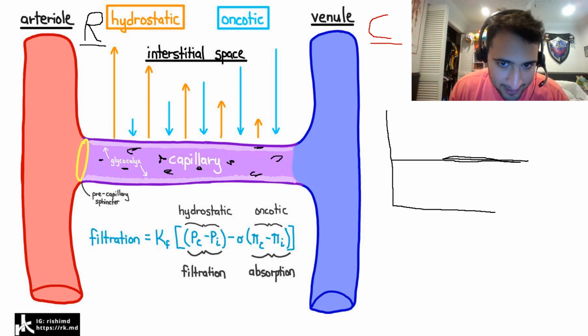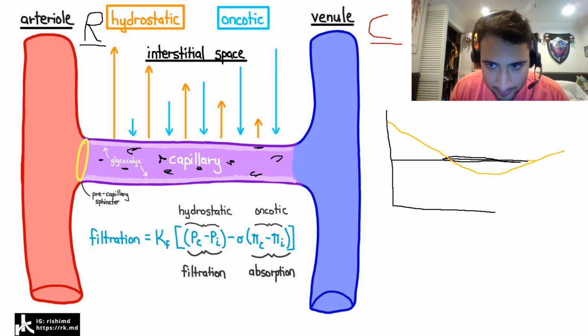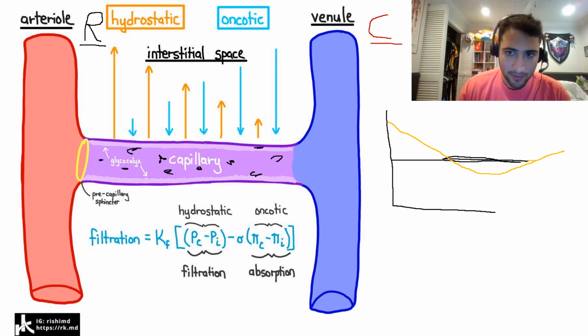And so that's the oncotic force, and the hydrostatic force is something like this. It starts high, and then it drops down. All right, and then it sort of comes back up. All right, that's sort of the difference. And we'll talk about this in a second. But focusing over here at this point on the curve, that would be right when we enter the capillary.